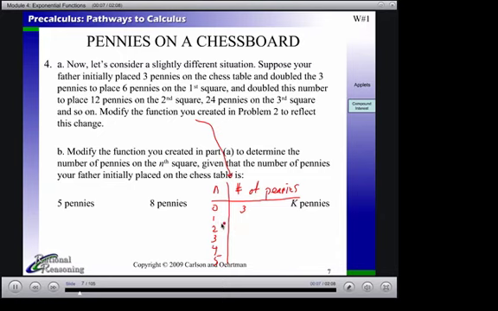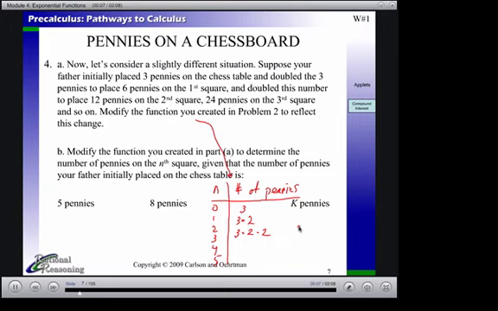And so then, what do we do to that 3, according to the situation, to get how many are on the first square? So here's where the product notation is so crucial. It really helps you form this function, see what's going on. Wouldn't that be 3 times 2? What do we do to that to get the number of pennies on the next square? 3 times 4. We're going to take what we had before and do what to it?